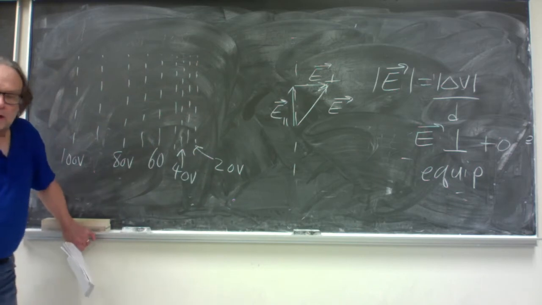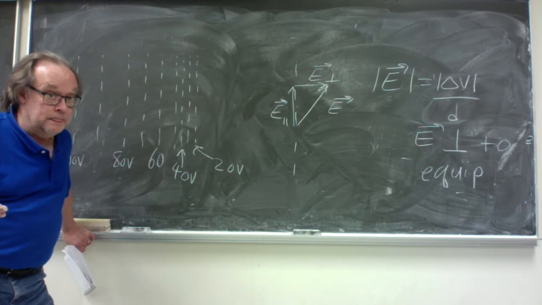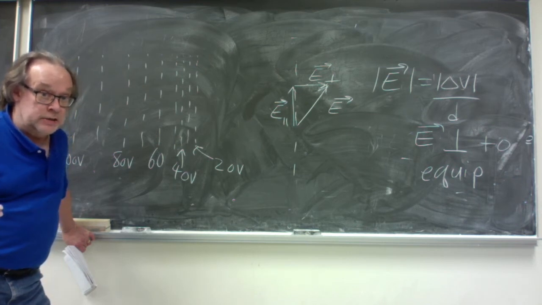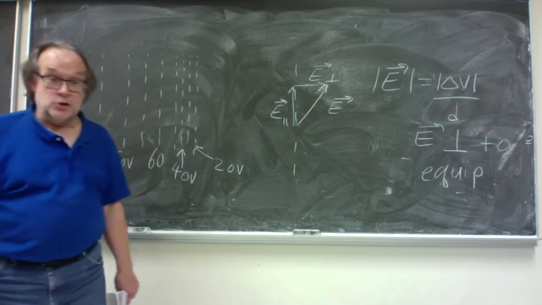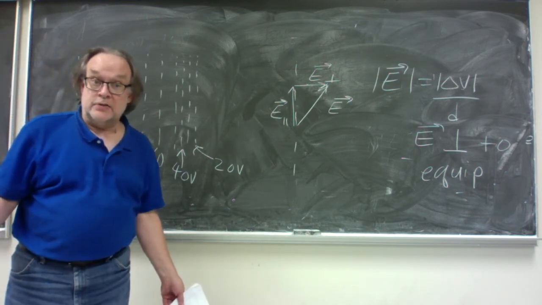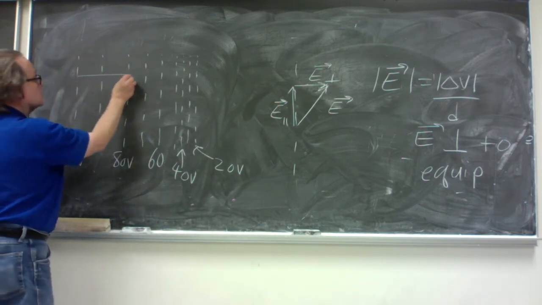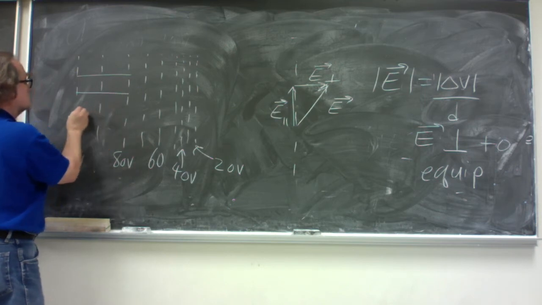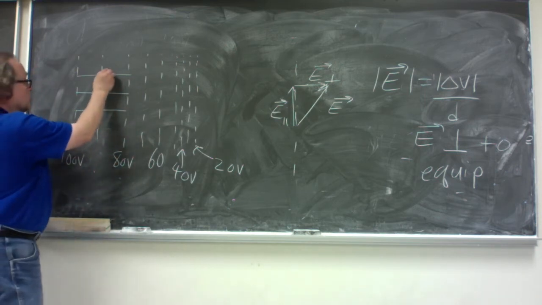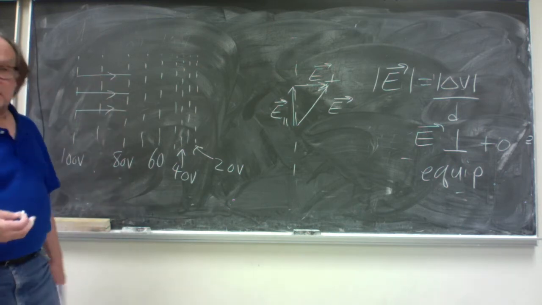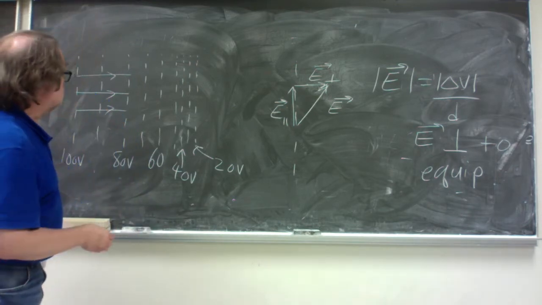All right, what would electric field lines look like? Well, electric field is always perpendicular to equipotential lines. So out here, where the equipotential lines are all vertical, that means the field lines have to be horizontal. Like that. And the flow of the field lines is from left to right, because towards the right is the direction of decreasing potential.